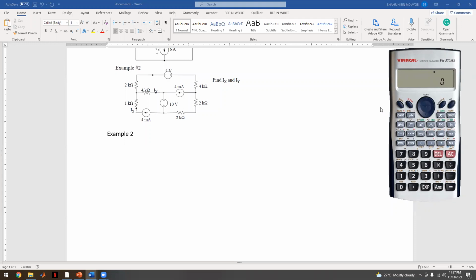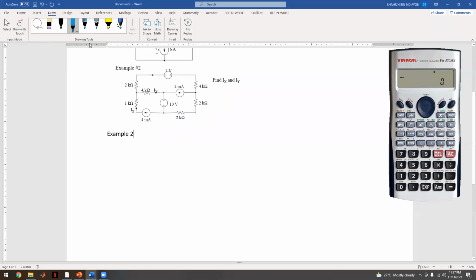So we continue with example 2. Find Ix and Iy. Same as example 1, we have a current source that is shared with another mesh current. So the first step is you need to define your mesh currents, which is I1, this one is my I2, and this one is my I3.